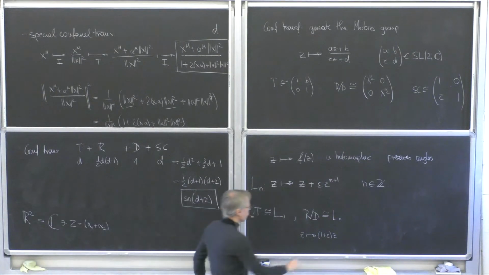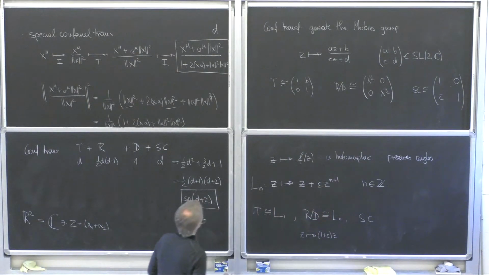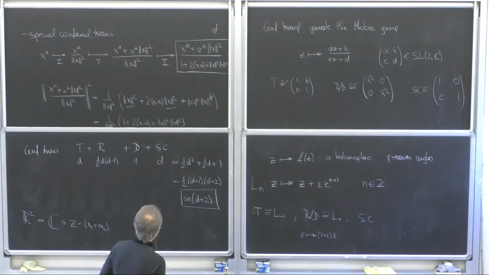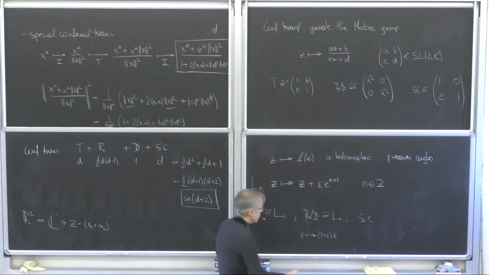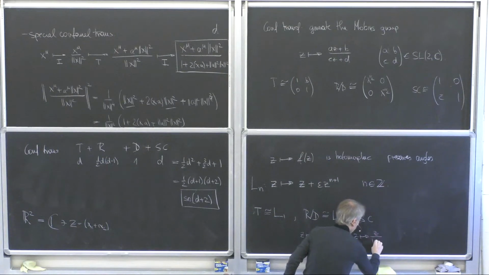And then the special conformal transformations, let's think about what they looked like. Probably I have erased it by now. Remember, they looked like z goes to z over 1 plus c times z.